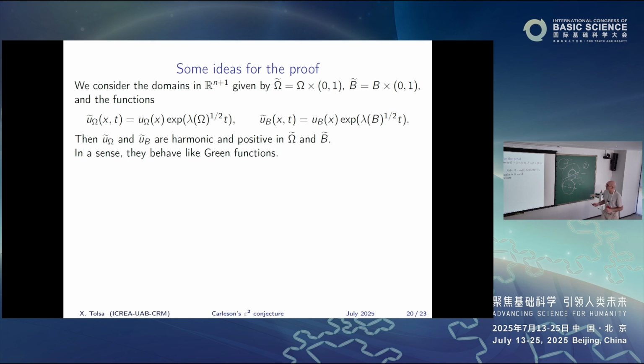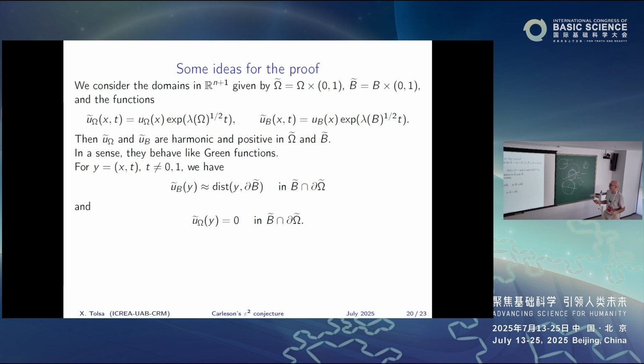And why do we like harmonic functions? Because I am familiar with harmonic measure, and moreover we have harmonic functions that are positive and vanish at the lateral boundary. Remember that these eigenfunctions were positive, so functions that are harmonic and positive are very easy to manage, right? If you are familiar with harmonic functions, then one uses that this U_B is like the Green function of this ball.